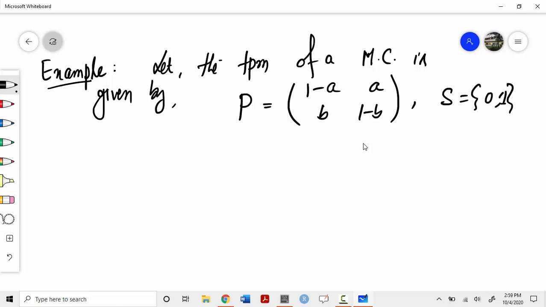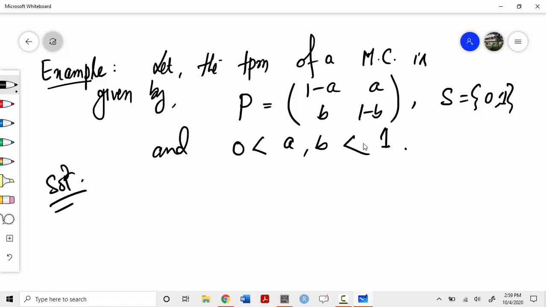That means it has two states, and 0 less than a and b less than 1. a, b lies between 0 to 1. Now we have to find the n-step transition probability.